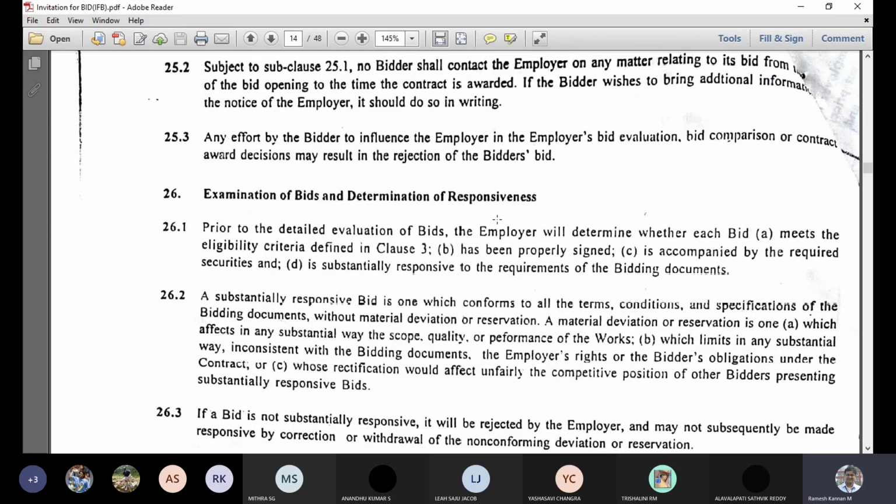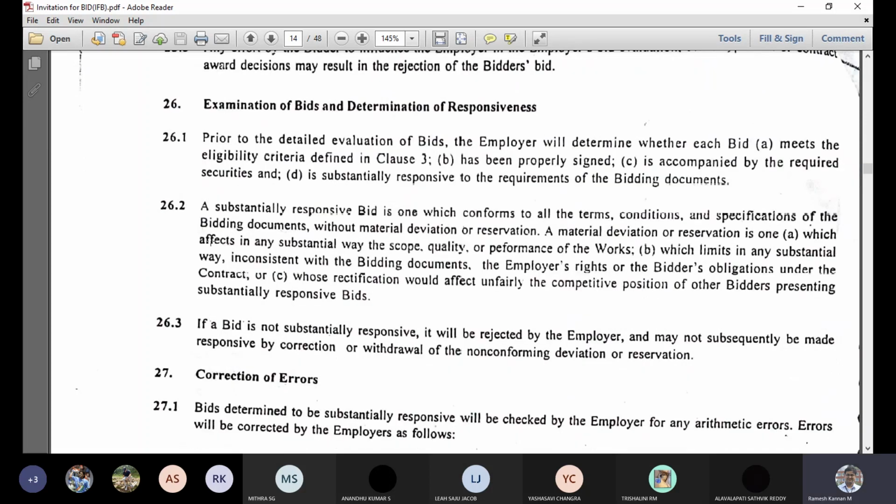You remember in the previous video we talked about the bid security getting forfeited, because some people bid, they win the bid also, but then they do not take up the project, so they forfeit the caution deposit, or bidding security, or something like that, right?